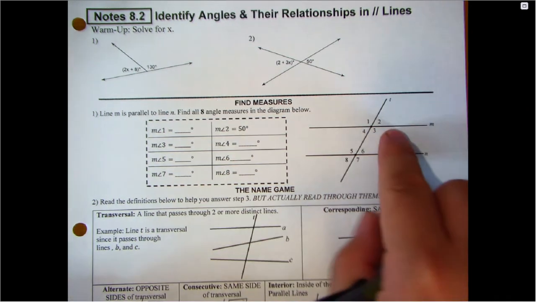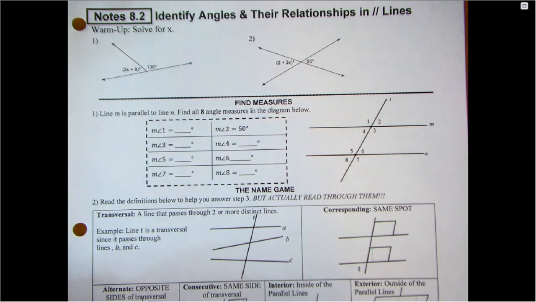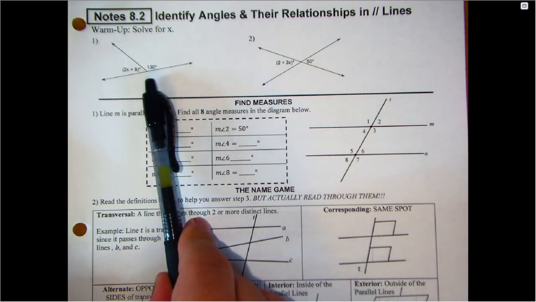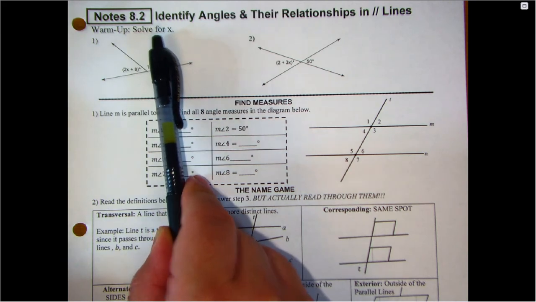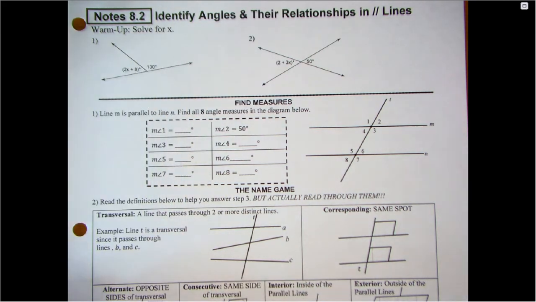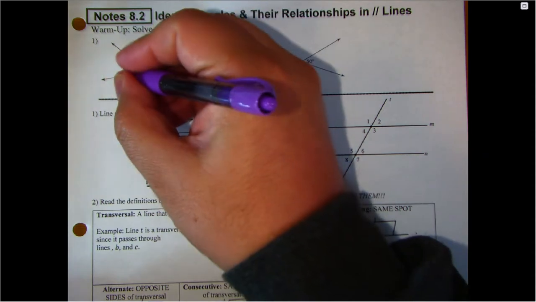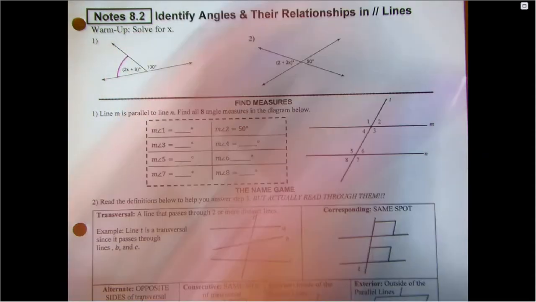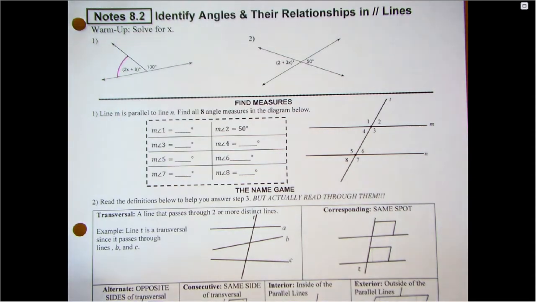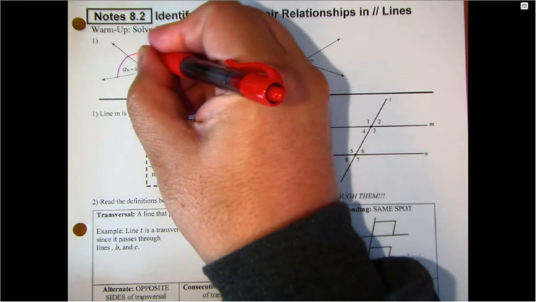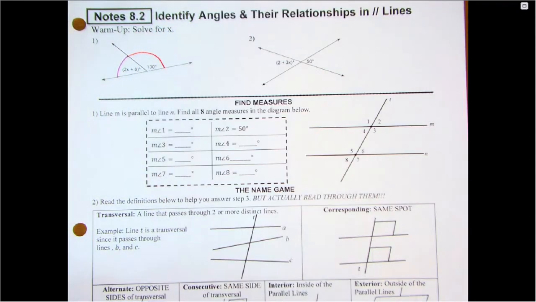Now, in order for us to work with some of these angles, we should review what we did in section 8.1. And so we're going to talk about how to set them up. We won't completely solve for x, just talk about the setup. When we're looking at this angle, notice they gave me this angle here, which is an acute angle. It's less than 90. But then they gave me this angle over here right next to it that measures 130.